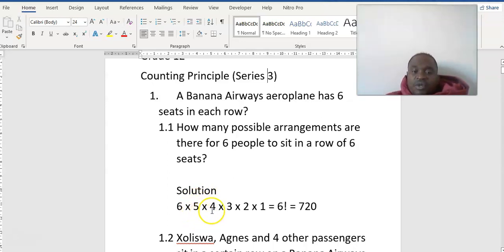So here will be 5, and like that, going down to 1. Instead of writing all this long string, you just write 6 factorial, which gives us 720.